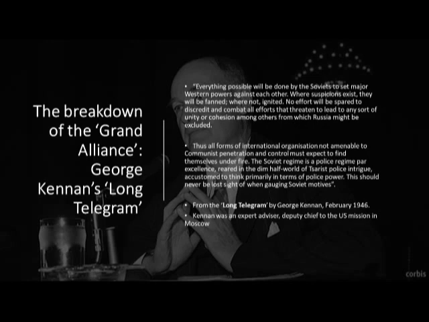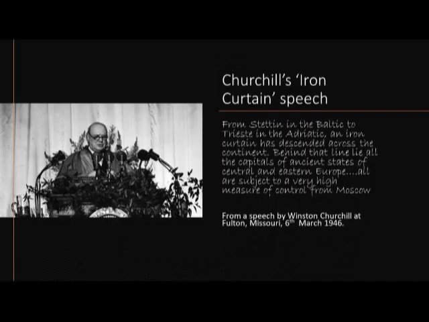He described the Soviet Union as a police state. He described it as having the same type of imperialist ambitions as the old Tsarist empire, and he claimed that the Soviet Union would try to sow divisions between the Western powers. So the big takeaway of that was, we cannot work with the Soviets. They can't be trusted. And this was, again, quite crucial in influencing President Truman's thinking.